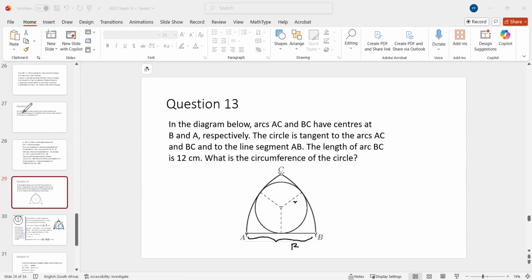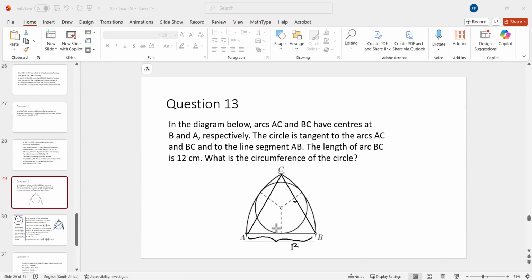So what I can do is the following. If I join A to C and C to B, what I have is this radius here is the same as that. So this is an arc, you see, and this is the center.